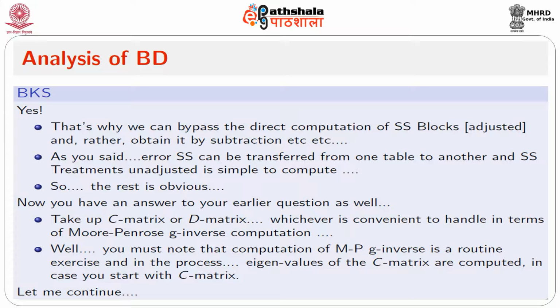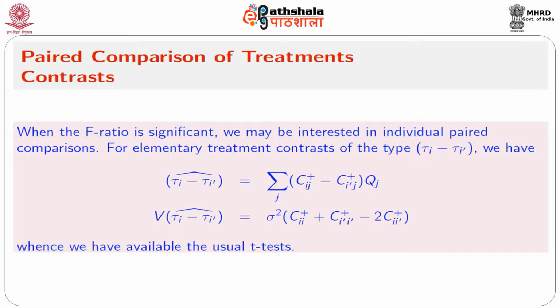So let me continue. When the F ratio is significant, we may be interested in individual paired comparisons. For elementary treatment contrasts of the type tau i minus tau i prime, i not equal to i prime, we have tau i minus tau i prime estimated equal to etc., and the expression for the variance is given by this. Hence, we have available the usual t-tests.